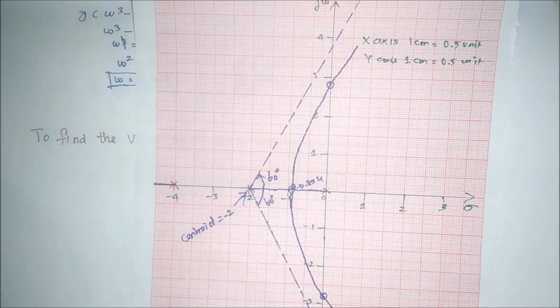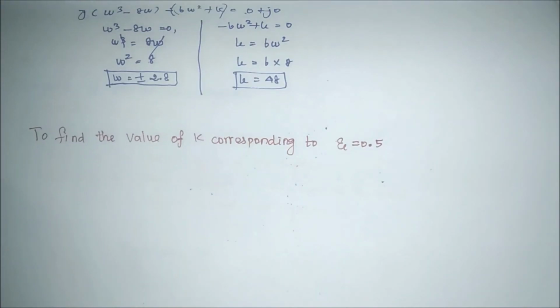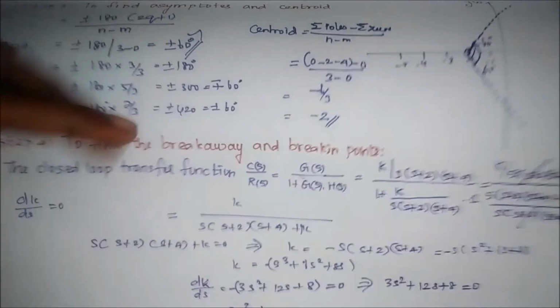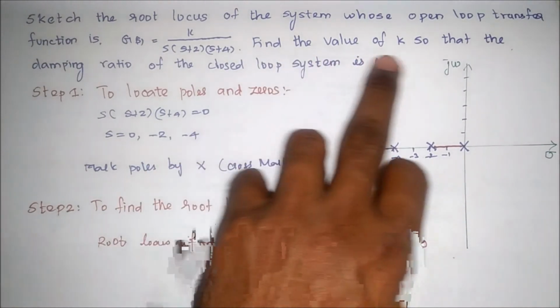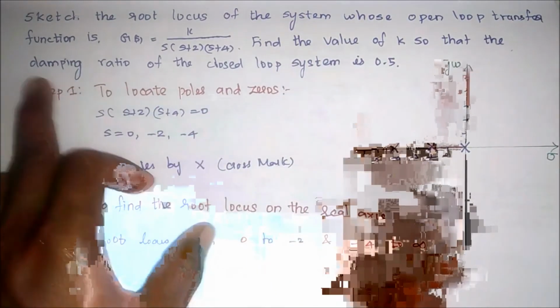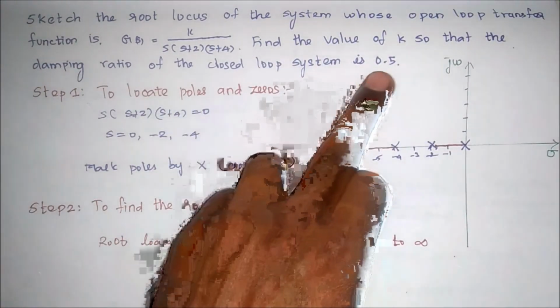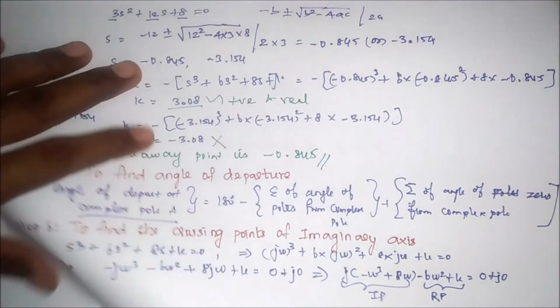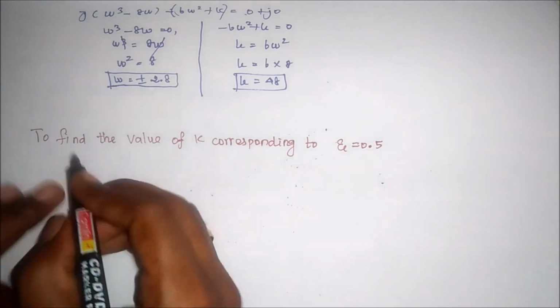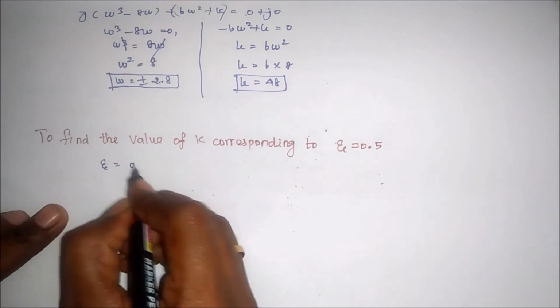But according to the given problem, it says to find the value of k so that the damping ratio of the closed loop transfer function is 0.5. The damping value is nothing but eta. So we know eta equal to 0.5.